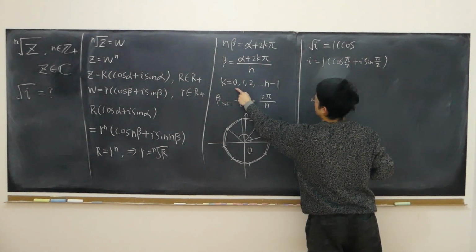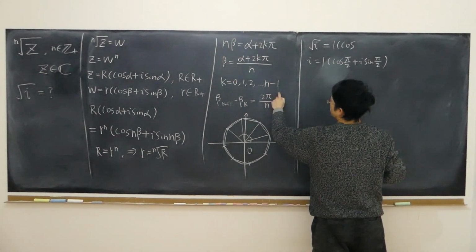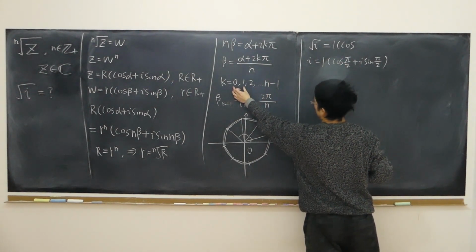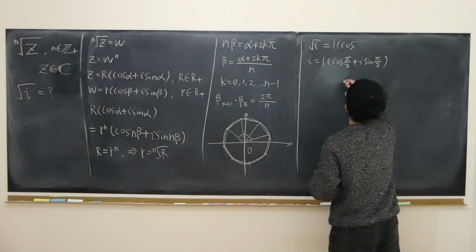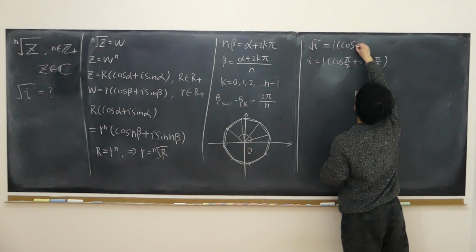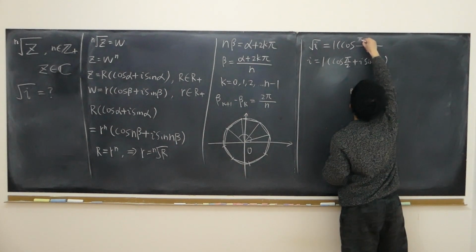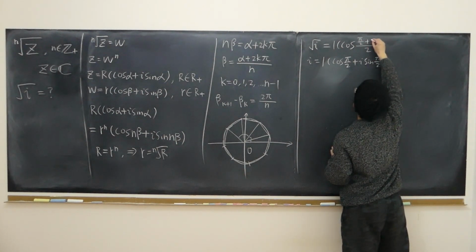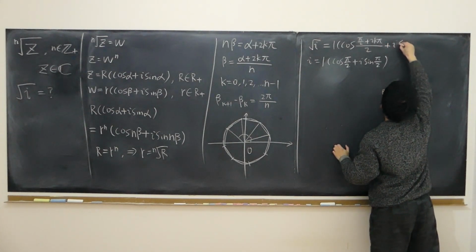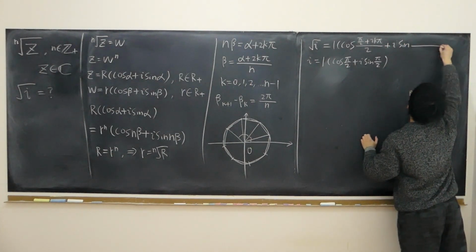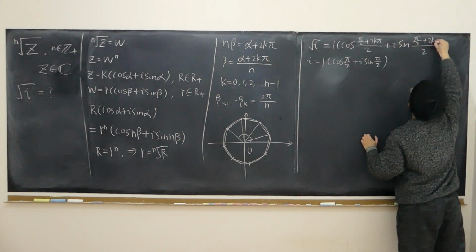And k goes from 0, 1, up to 1 only, because n is equal to 2, and 2 minus 1 is 1. So only two possibilities, 0 and 1. So half of alpha, that is half of pi plus 2k pi, plus i sine of half of pi plus 2k pi.